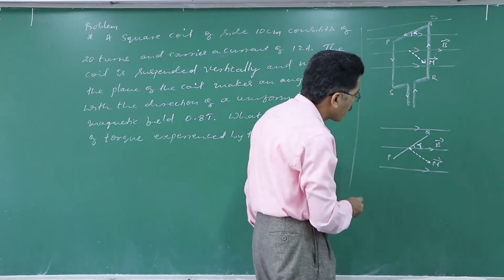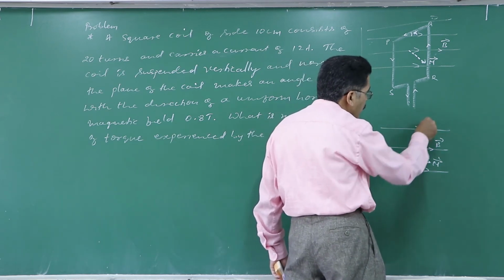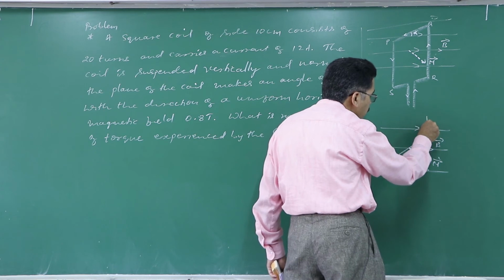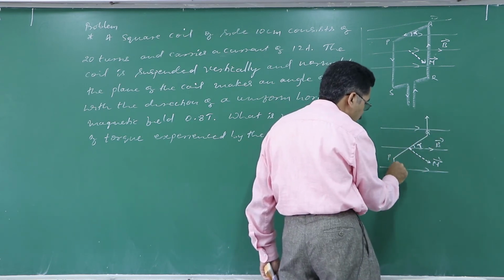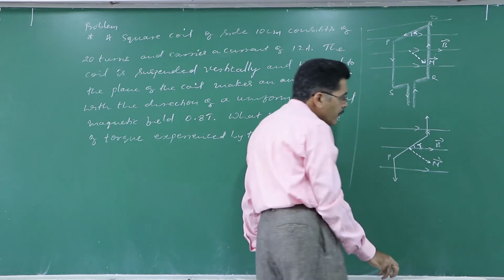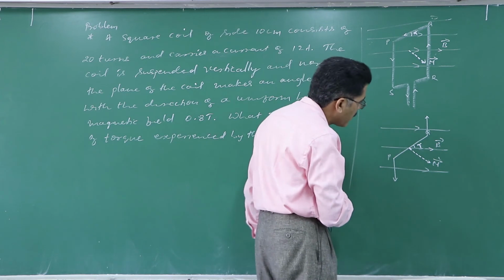Okay, so you know that it is acted upon by a torque, and the tendency of the torque is to align the current loop parallel to the field direction.